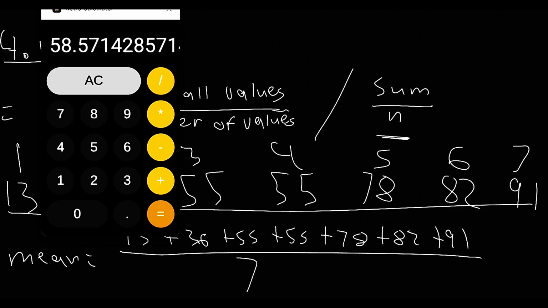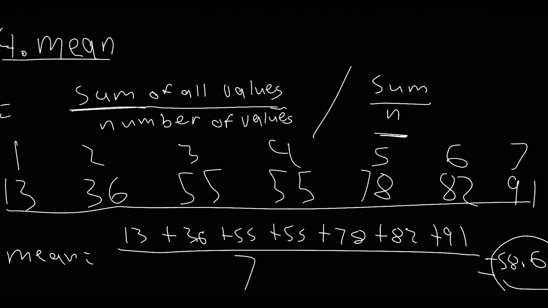Therefore, my mean is equal to 58 point, let's round it, 58.6, and that is my final answer. Now we've covered every single type of average.